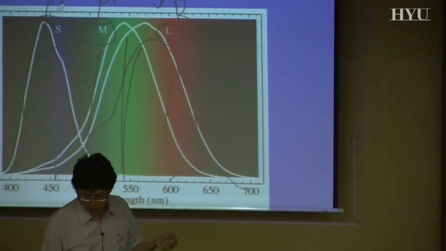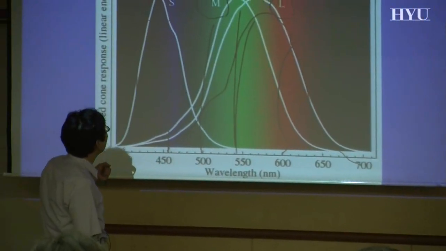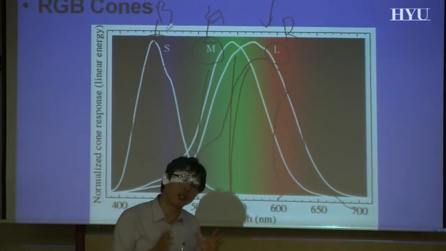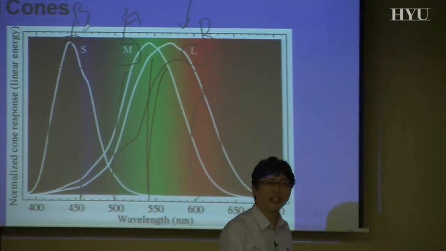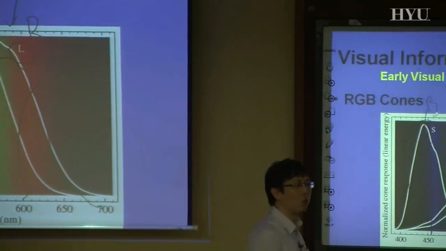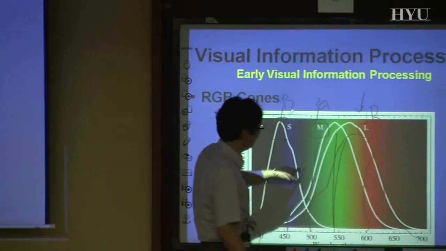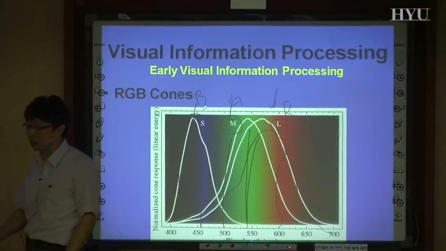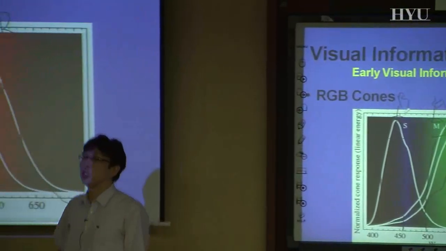The first question is, why are green and red combined? Much of them overlap. Why is the area overlapped? Why don't we have distinctively different wavelengths like what we use in computing systems for color production, the RGB system?